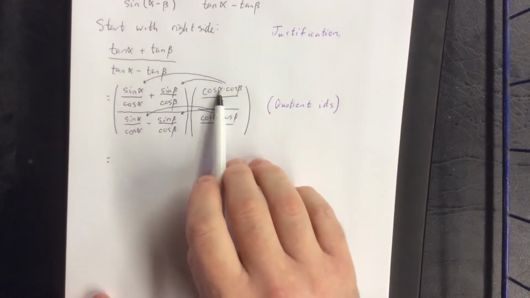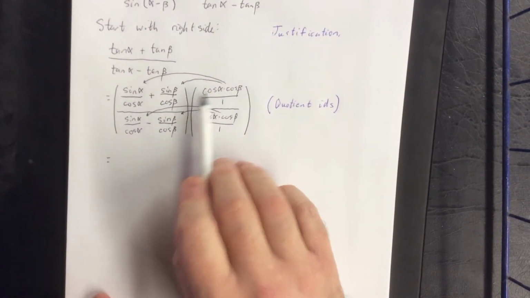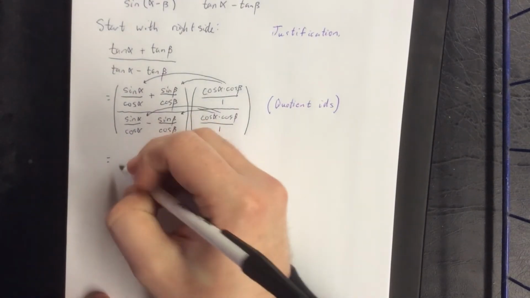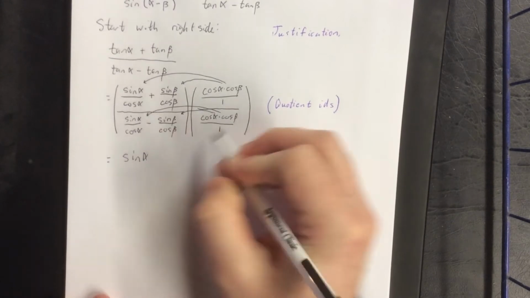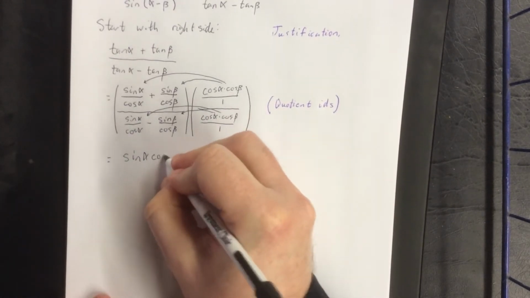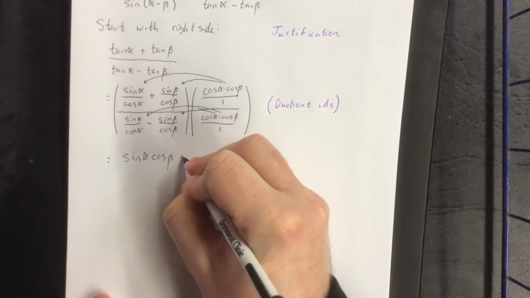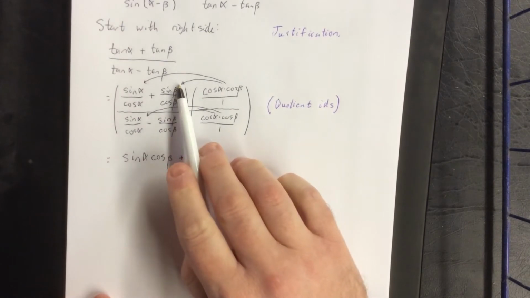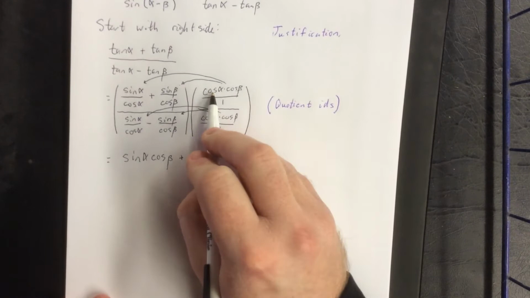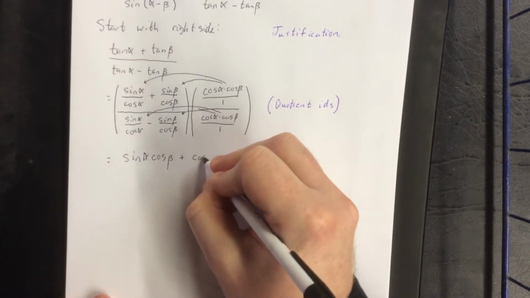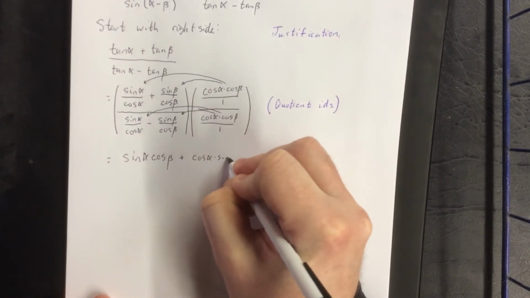So when we distribute these two to the first fraction, the cosine alphas will cancel out. We'll be left with this sine of alpha and this cosine of beta, plus. When we distribute to the second fraction, the cosine betas will cancel, and we'll be left with cosine alpha times the sine of beta.